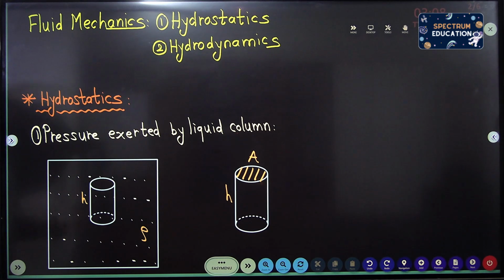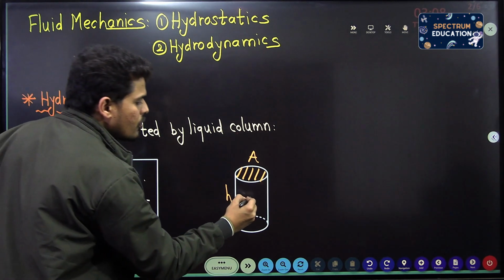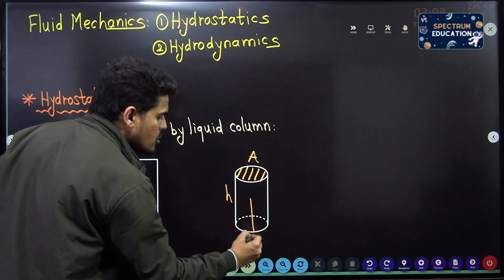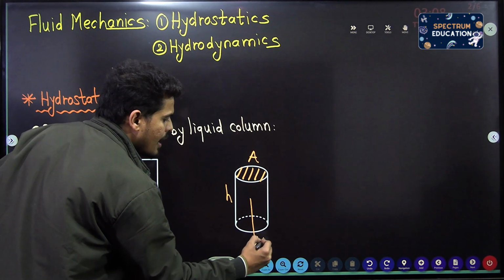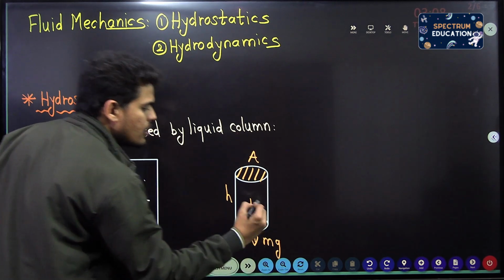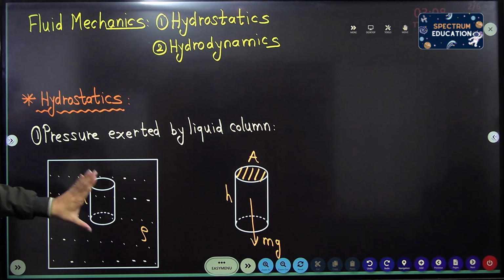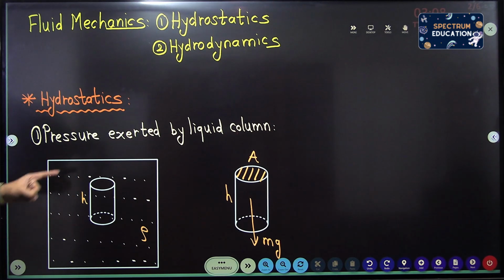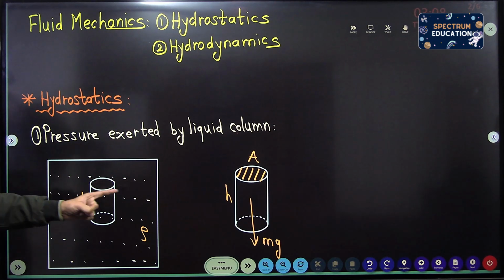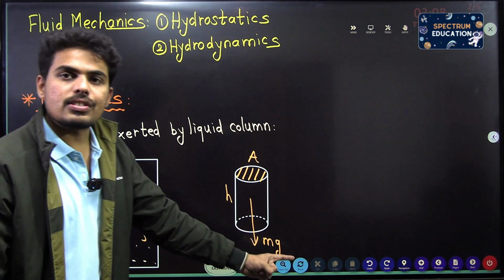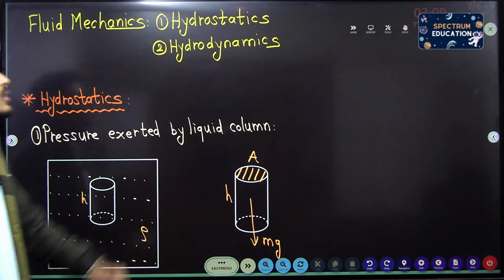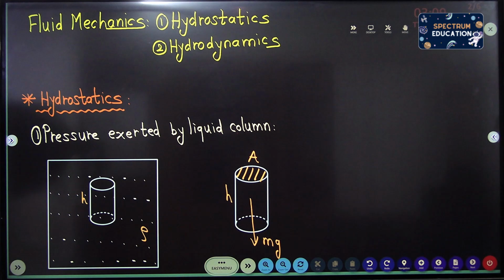Due to gravity there is a force which acts normally downwards, and this is mg, where m is the mass of the liquid column and g is the gravitational acceleration. So this is the force mg.